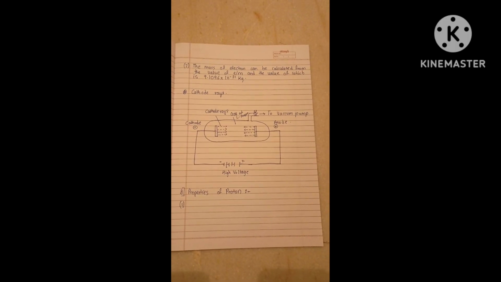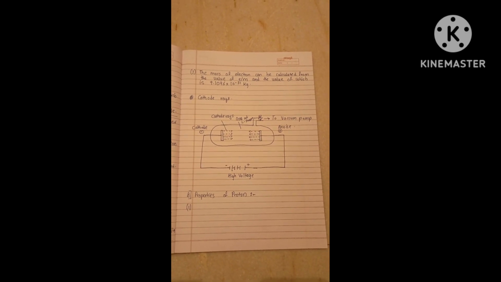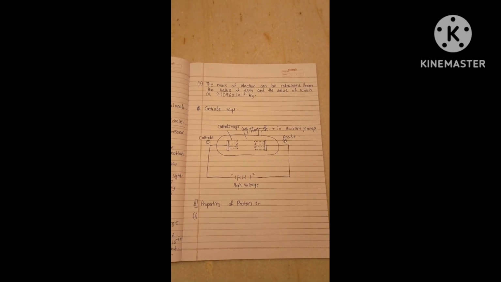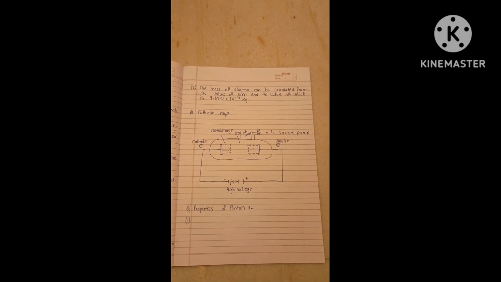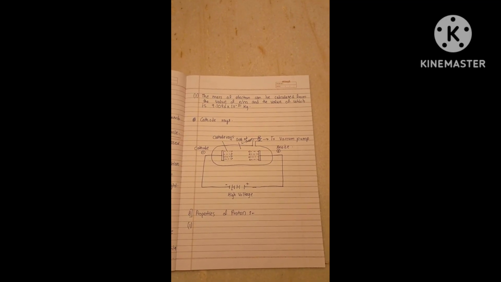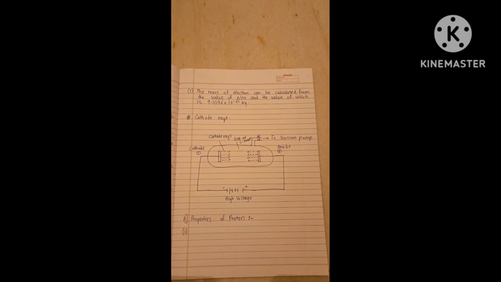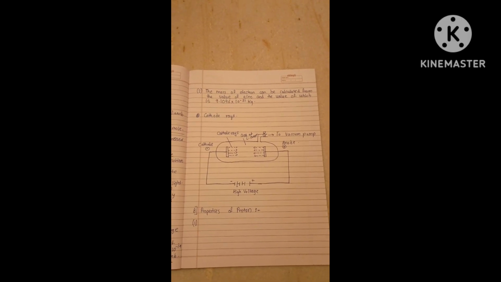Now we will start with the second topic, properties of proton. Proton was discovered by Goldstein. Proton carries a charge of plus 1.602 into 10 raised to minus 19 coulomb, that is, 1 unit positive charge.